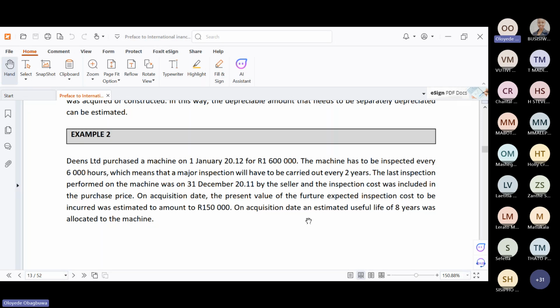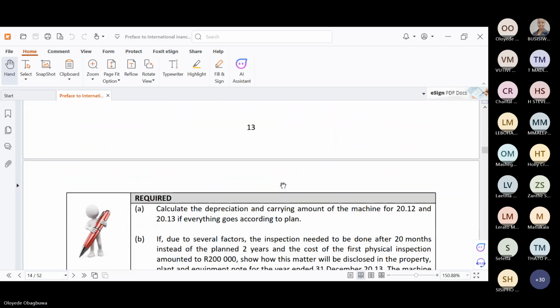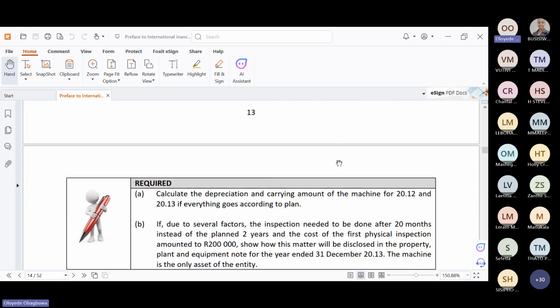So the lifespan of the inspection is 2 years, but the lifespan of the machine itself is 8 years. Now the question says, calculate the depreciation and the carrying amount of the machine for 2012 and 2013 if everything goes according to plan.